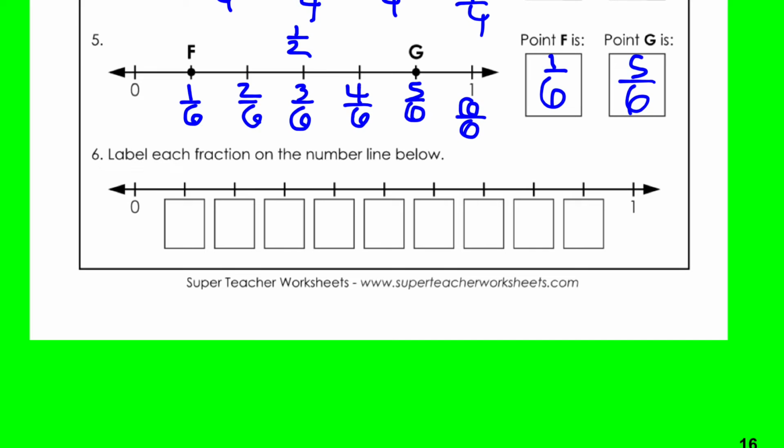We've got one last number line here. Let's count how many sections it's divided into from 0 to 1.